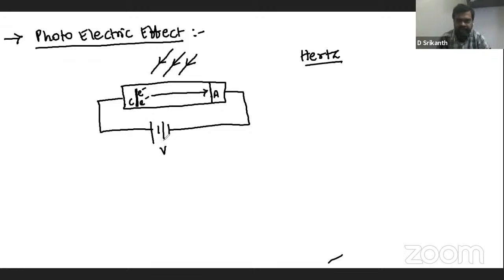The battery has a minimum potential, say from 0 to 2 volts.